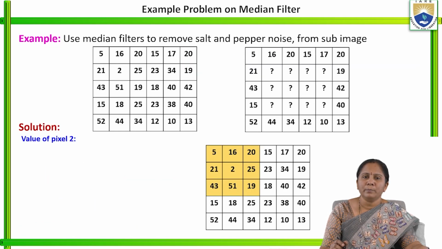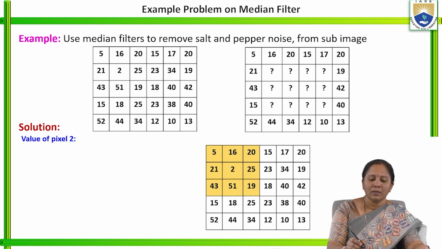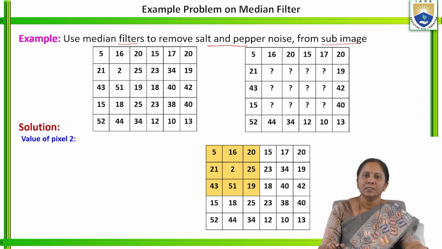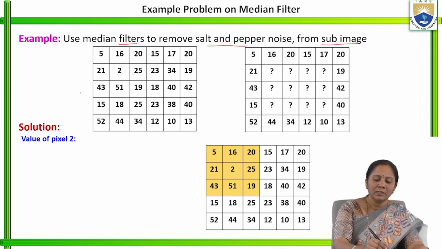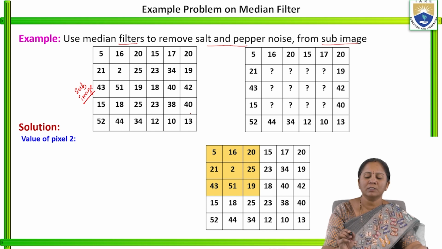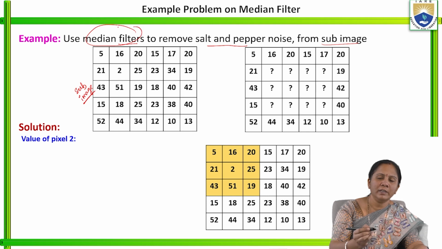Now, based on the median filter concept, let us solve one example. Use a median filter to remove salt and pepper noise from the given sub image. This is the sub image they have given, and from this image we have to reduce the salt and pepper noise using the median filter.